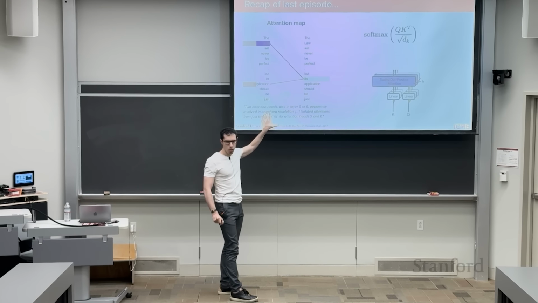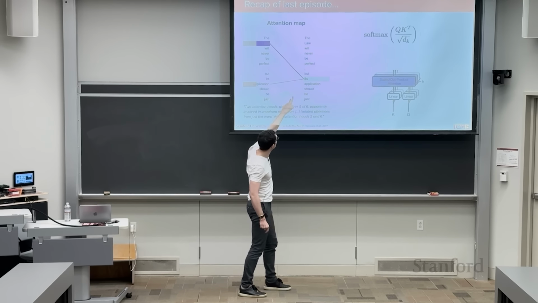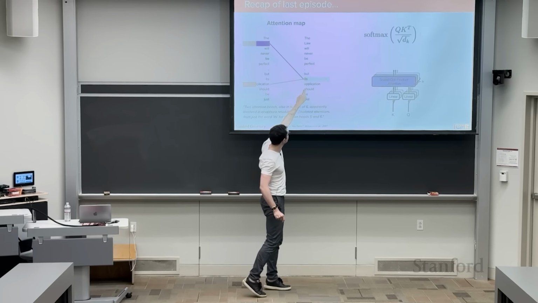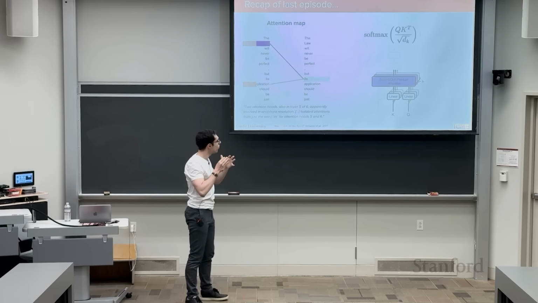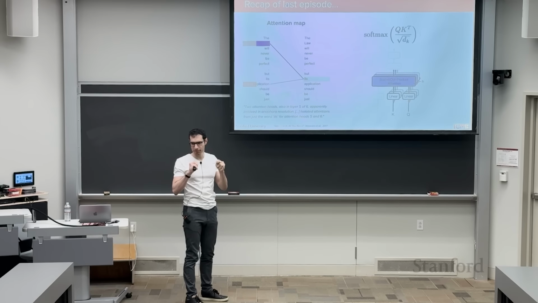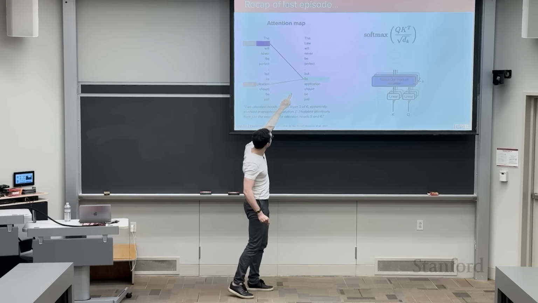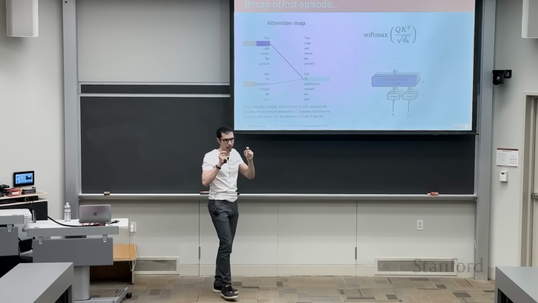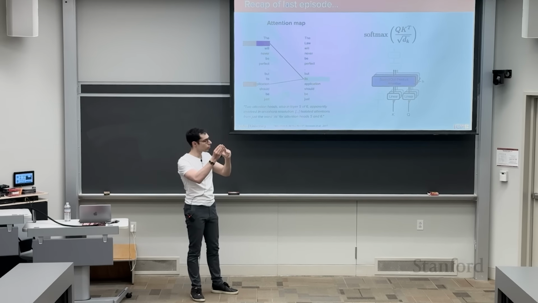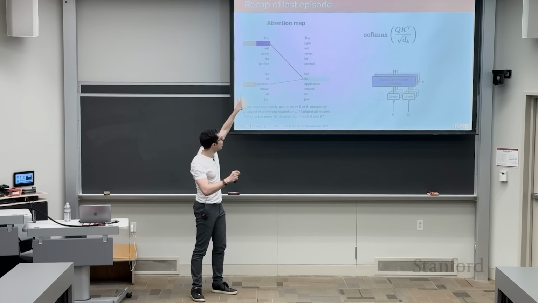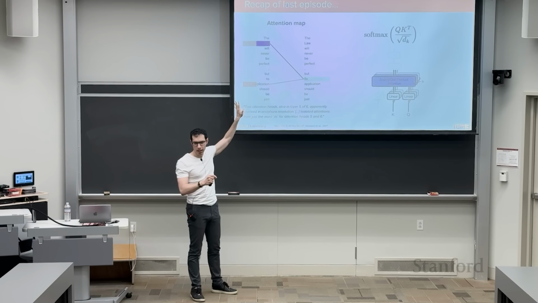In this example, what we're interested in is to see which other token is most similar to the token "its". So we take the query representing "its", take the dot product with all other keys, and look at which keys lead to a high value of the dot product query times key.